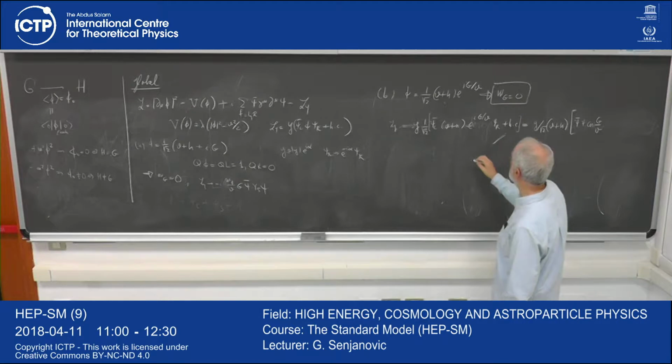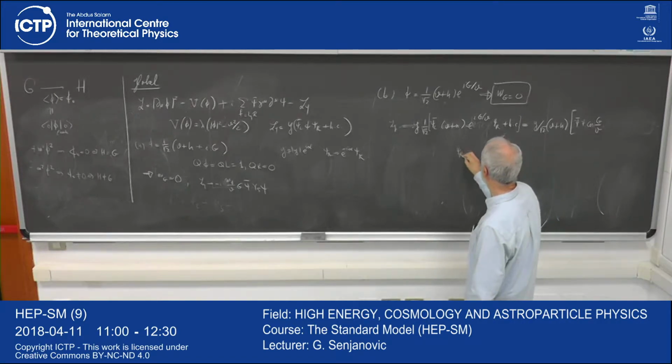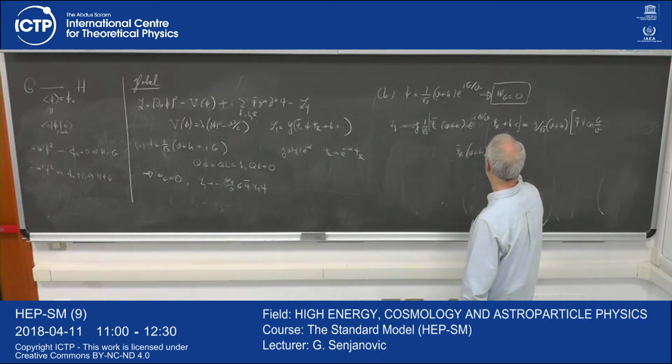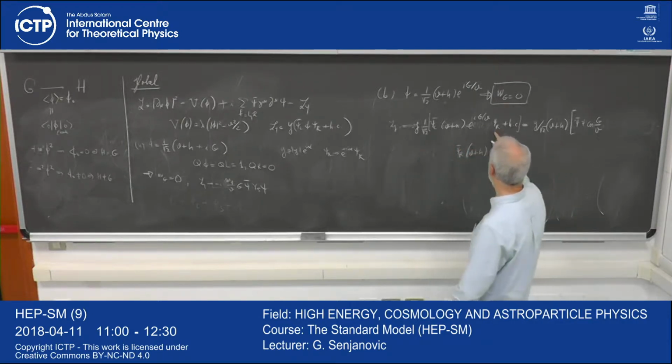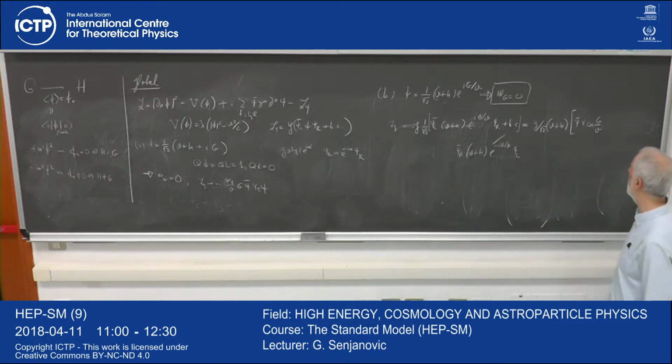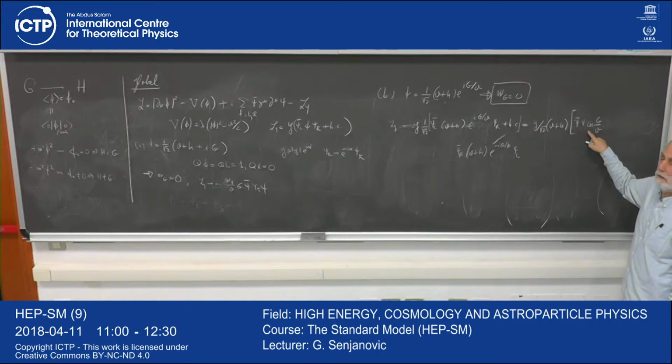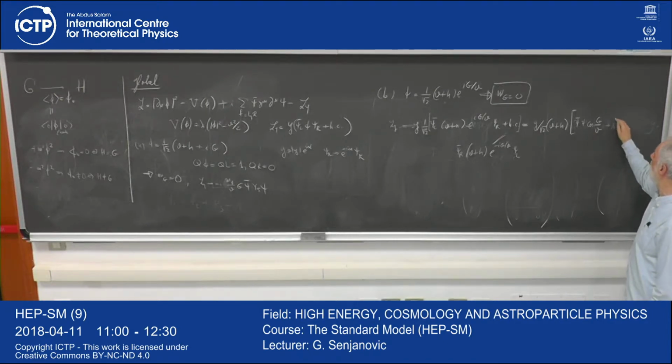Just to write this, maybe it will be useful: this is psi R bar, v plus h, e to the minus i G over v, psi L. So the first piece has 1 plus gamma 5, the other 1 minus gamma 5. So the one adds up into a cosine, and the other will give me plus i psi bar gamma 5 psi sine G over v.